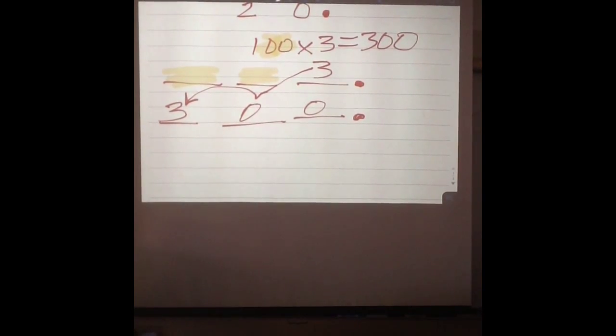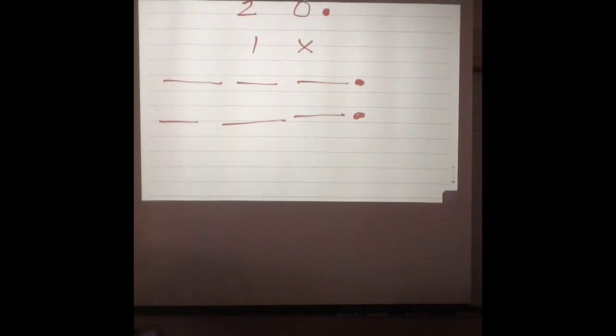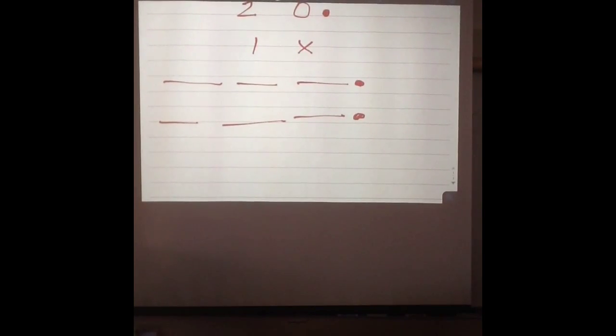Do you see how the shifting works? Does anybody have any questions about the shifting? No? Makes sense? All right, let me change our problem slightly. I'm going to go back to 3, but I'm going to make it a 3.2.